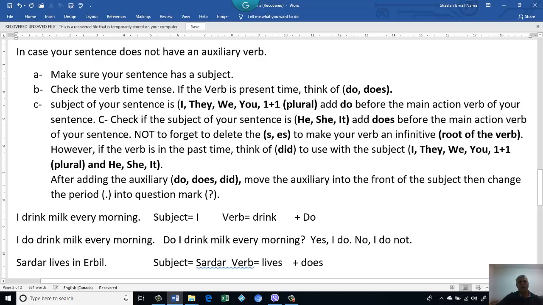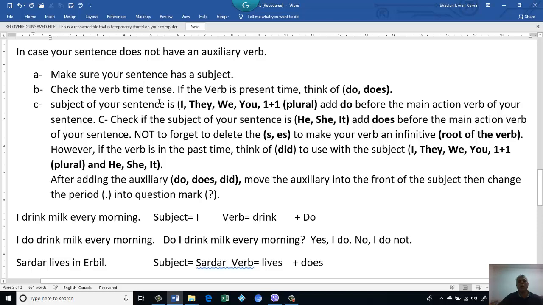Then second, we have to check the verb tense, the verb time. If the verb is present time, we have to think about do or does. Then we look for the subject.